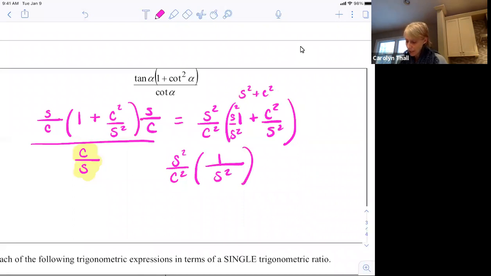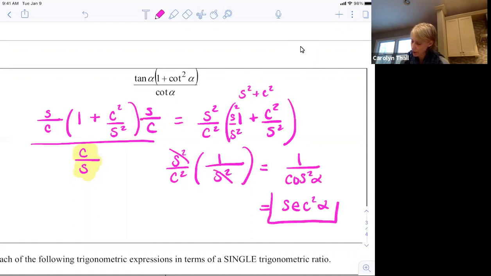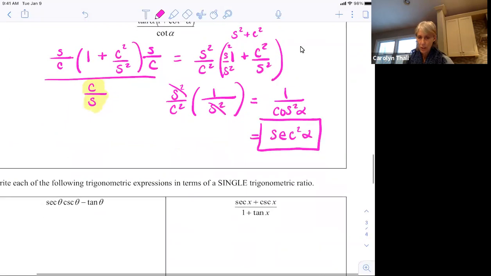And now when I multiply these two together, 1 over cosine squared alpha, which I can write as one single term, secant squared alpha. And that's all we're doing today. I know it's a little weird, but we're trying to take our more complicated expression and write it as one single expression.